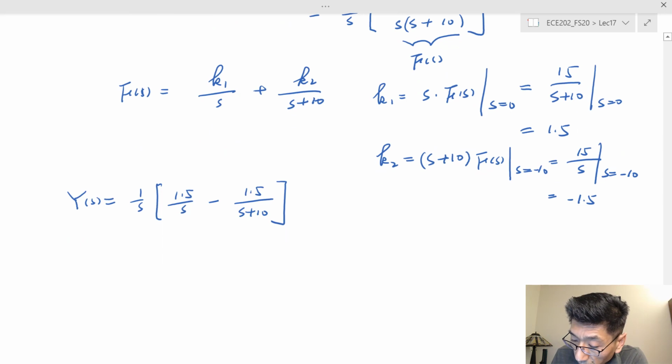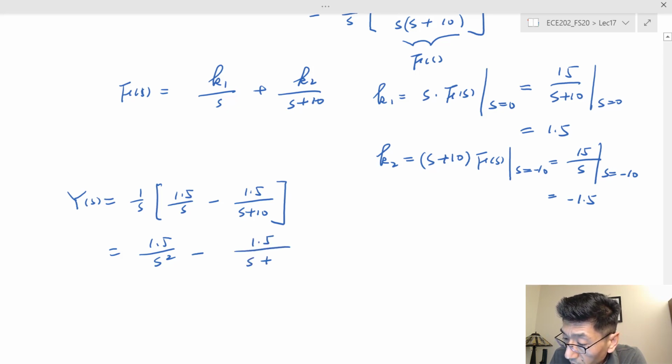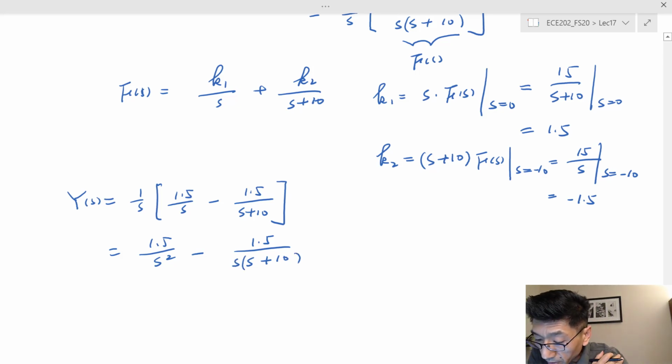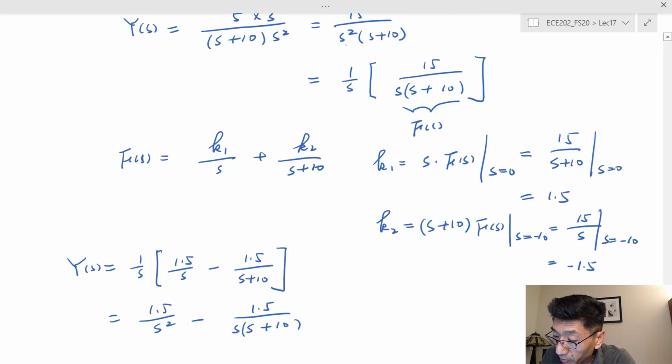So in this case, we have 1.5 over s squared minus 1.5 over (s times (s plus 10)). We actually need another partial fraction expansion, right? We don't really need to do the full partial fraction expansion, because originally with this 15 we got 2 residues, now we got 1.5, so the residues will be reduced by 10 times.